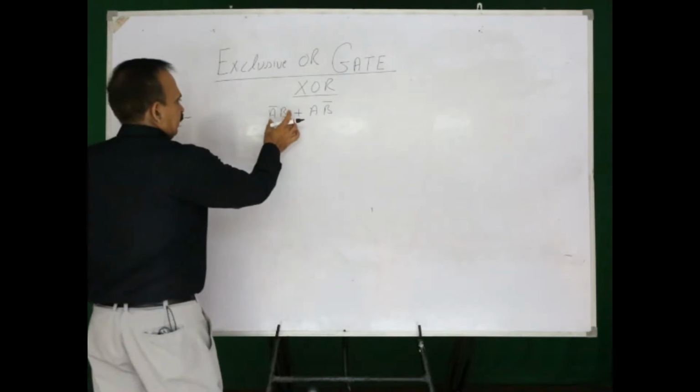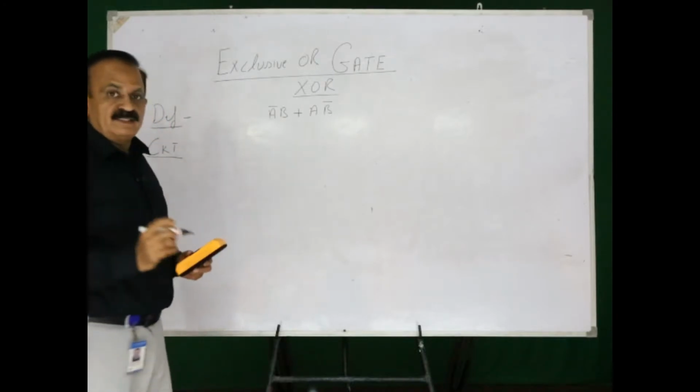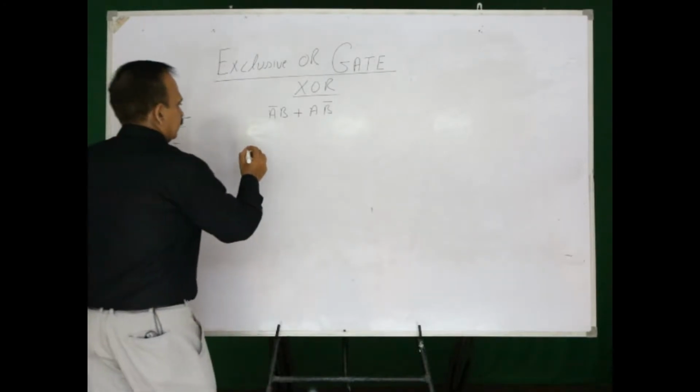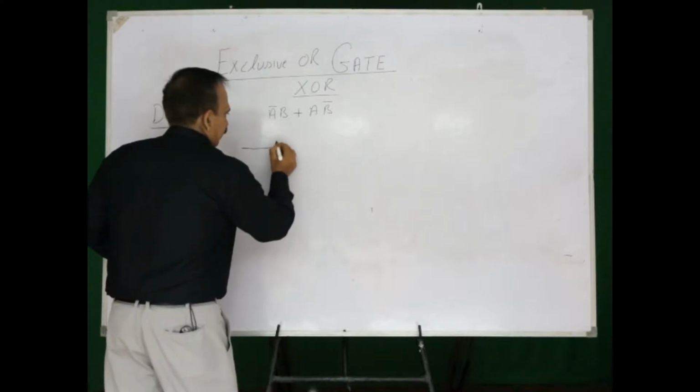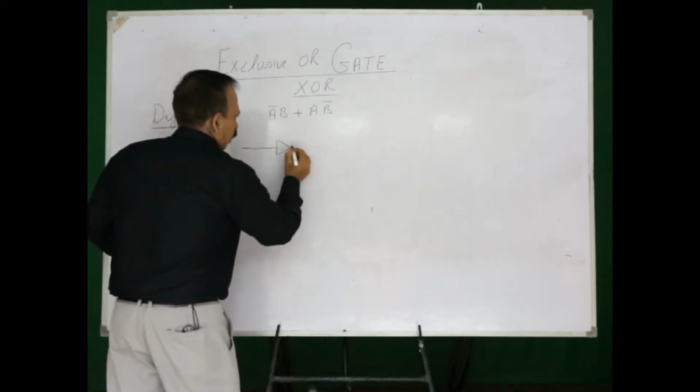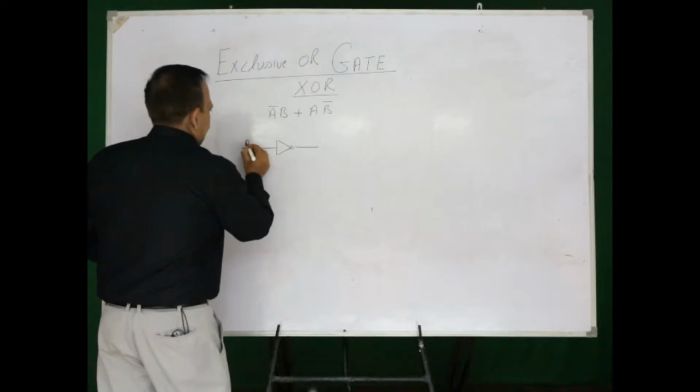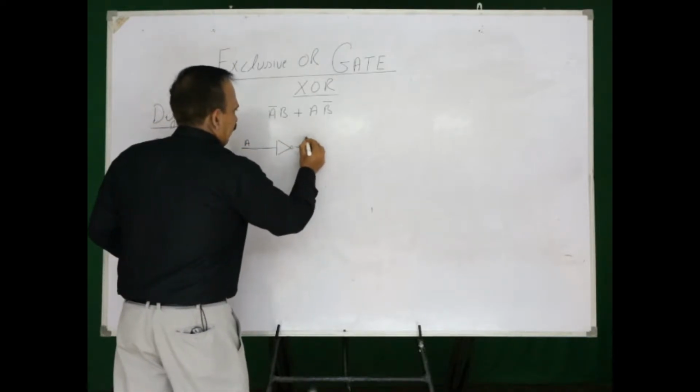Now, to implement the circuit diagram of the XOR gate, let one input be A. With a NOT gate, this is the complement: the input is A, the output will be A bar.